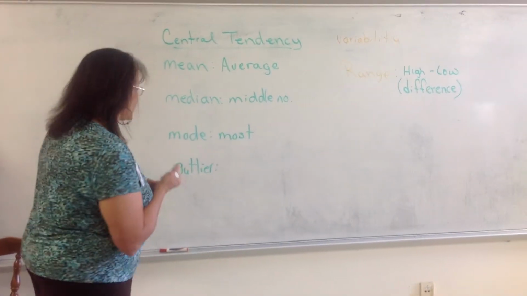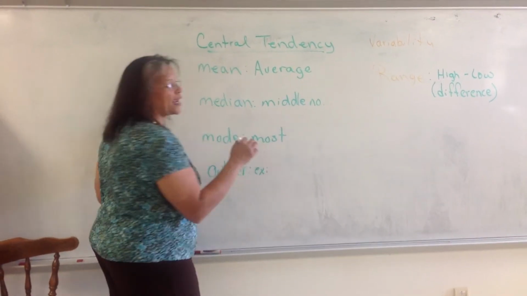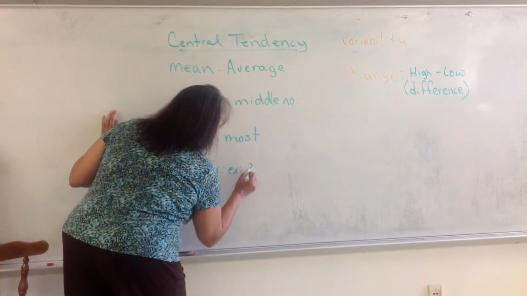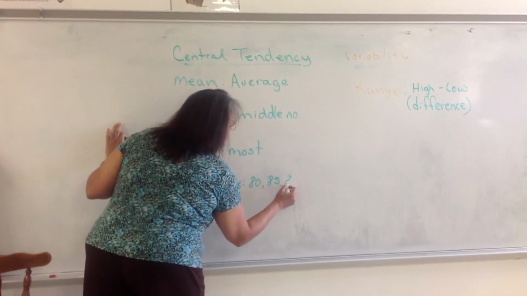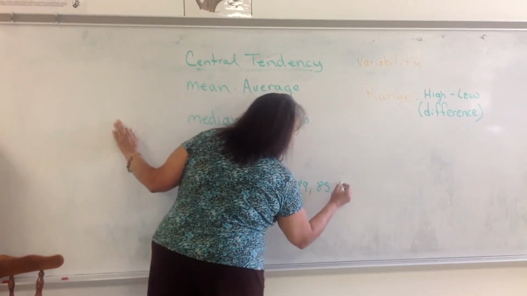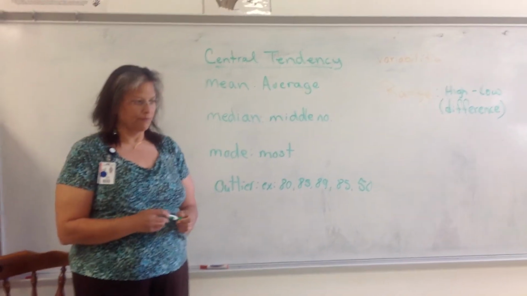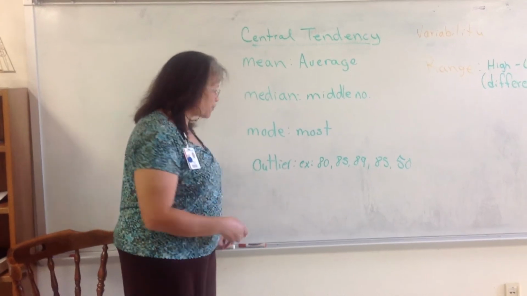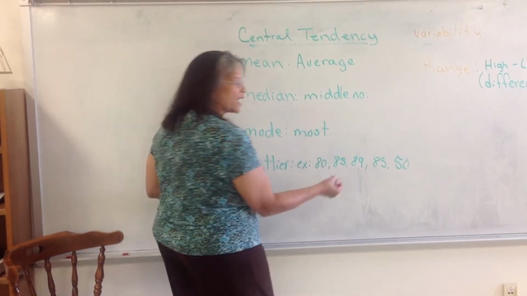For example, let's say I'm a B student. So my grades are going to be 80, 85, 89, 85, and then 50. Which of those numbers would be considered my outlier? The 50, because it doesn't fit the rest of my data.